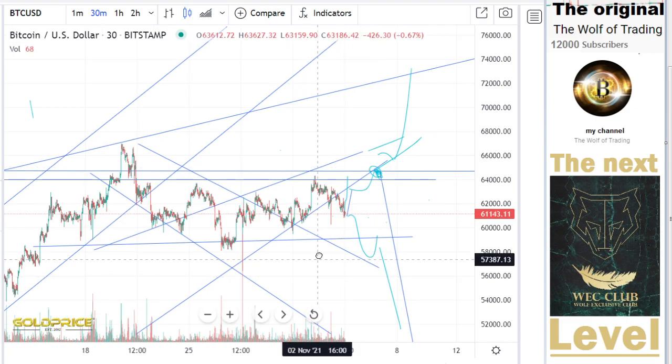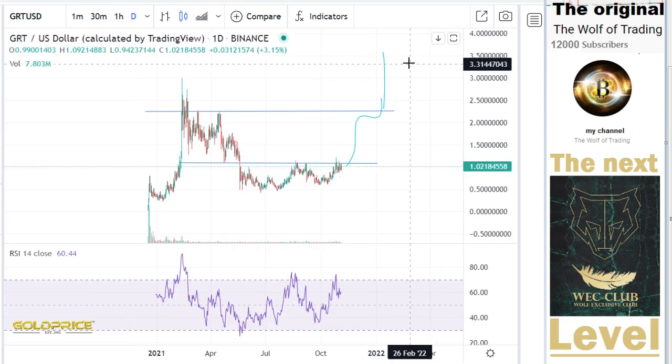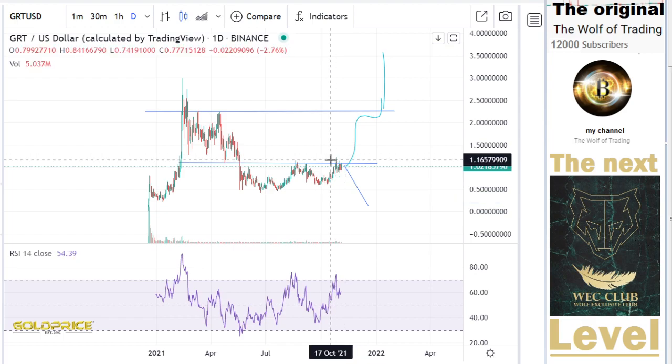Then we have the problem that the price could fall to 48,000, and Chromia has no possibility to go this way. We will fall here to the downside. So prepare yourself. This is a very interesting and key level, the area in which the whales decide. This is a very important point.